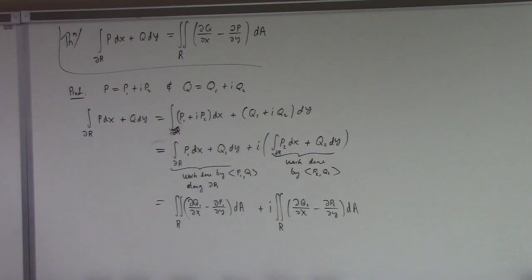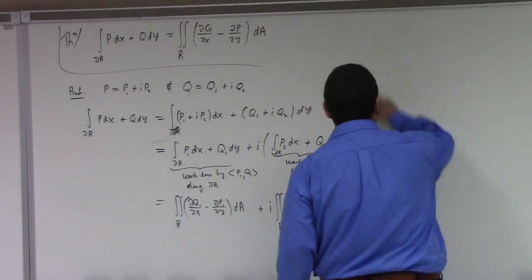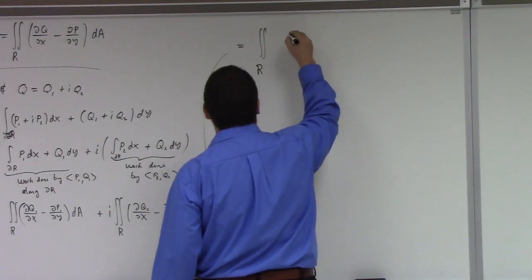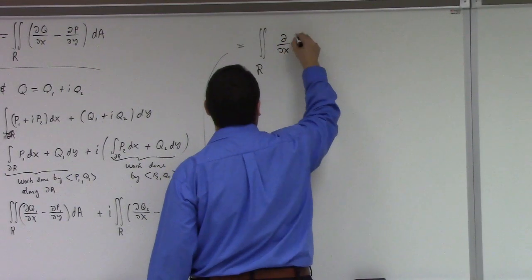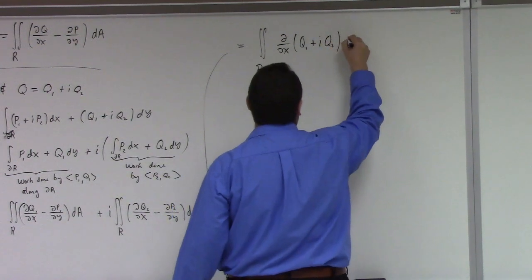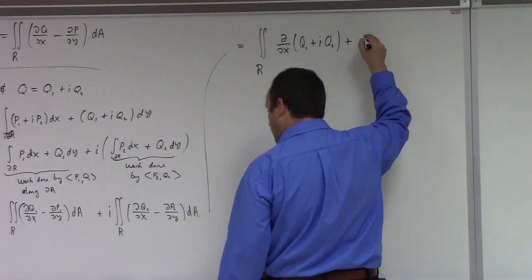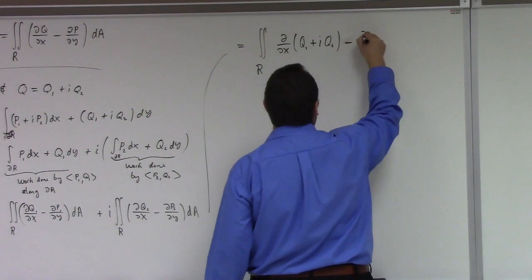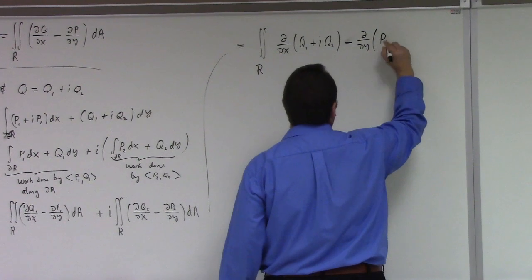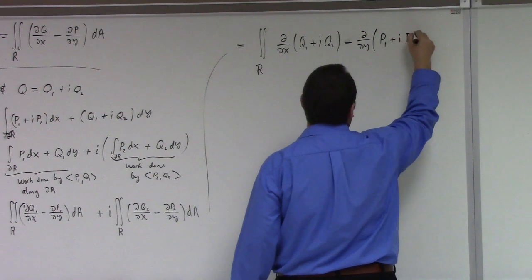But then by the definition of a complex valued double integral, you can combine these, yeah? So we've got partial x of q1 plus iq2 minus partial y of p1 plus ip2, rearranging terms, yeah?